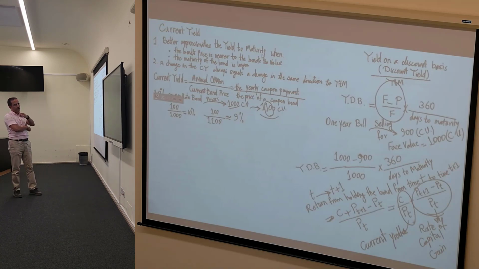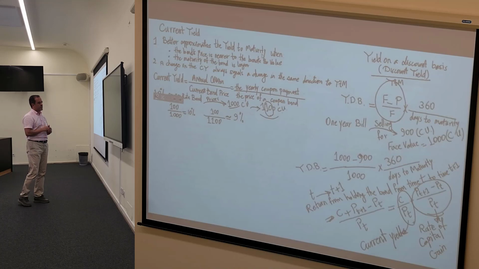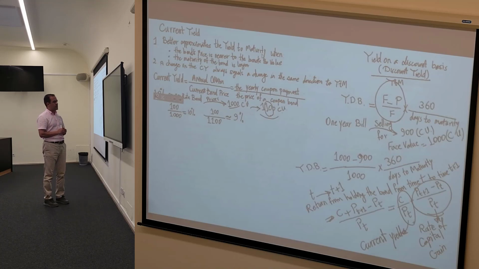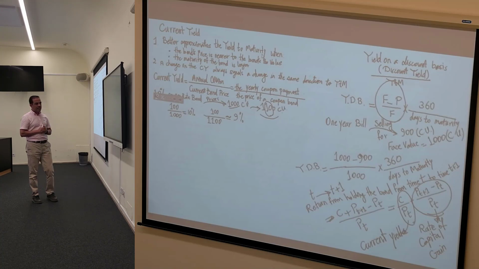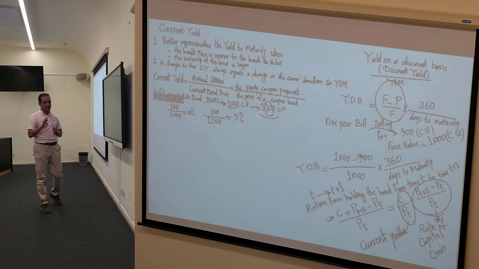So the current yield and yield on a discount basis or discount yield can be calculated like this, very simple and very fast, but at the same time not a very accurate number for the yield to maturity, but we might have it as a signal for the change of direction for the yield to maturity.